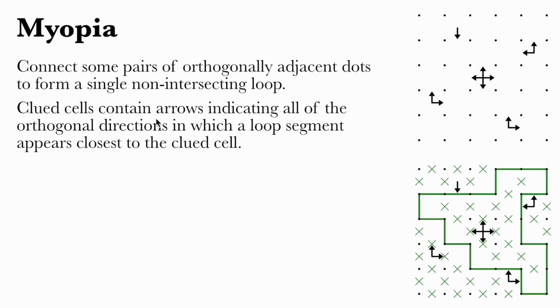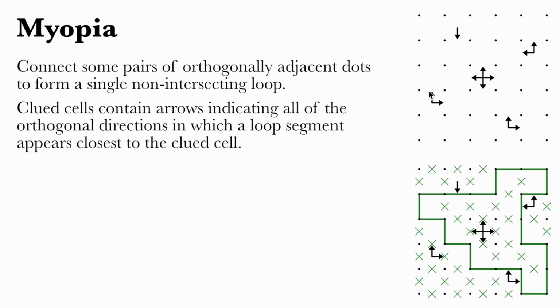Clued cells contain arrows indicating all of the orthogonal directions in which a loop segment appears closest to the clued cell. This is a tricky rule to get your brain around, but it means that in any cell with arrows, those arrows always point in the direction of at least one loop segment.